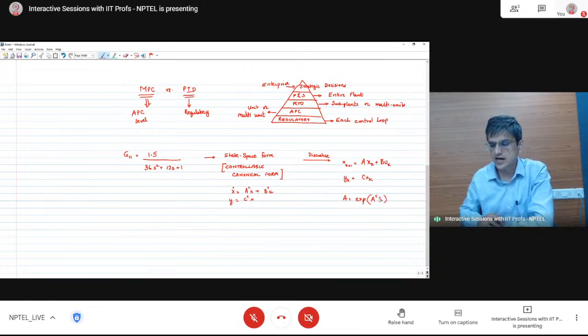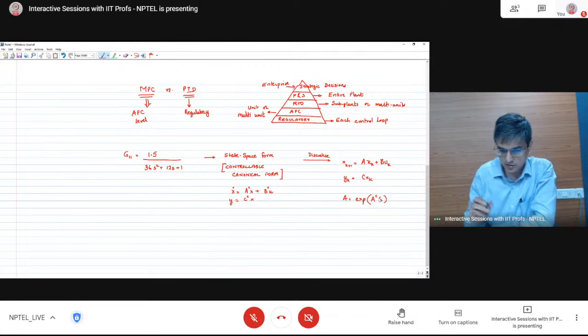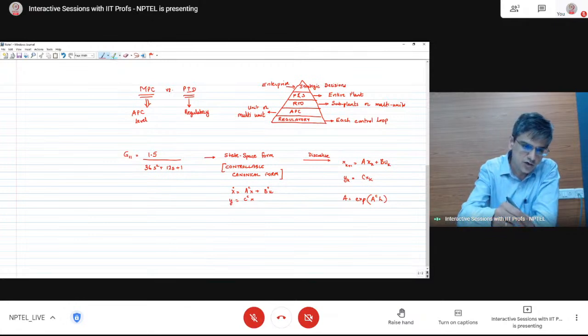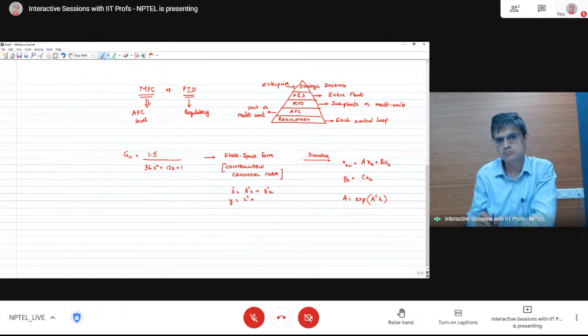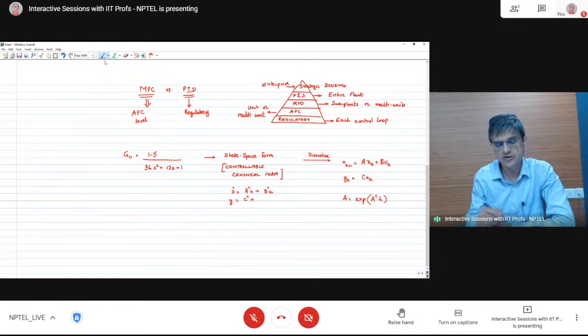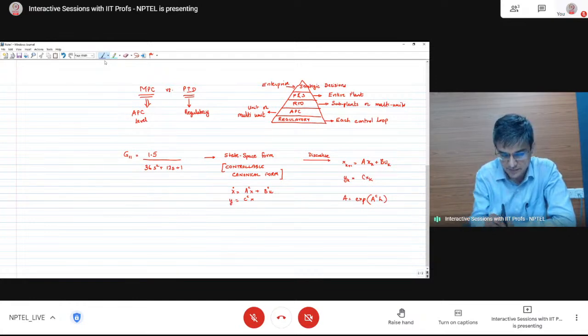We have done that in the class. This is if you wanted to do this using hand calculations, something of the nature that might be required in the exam.